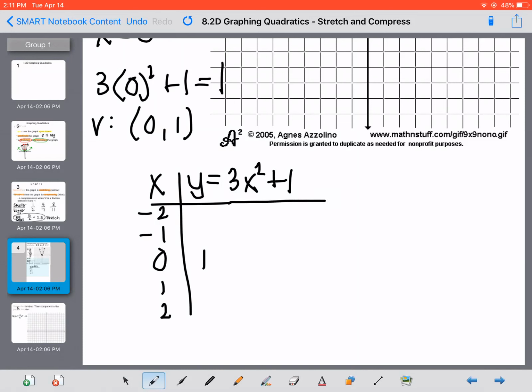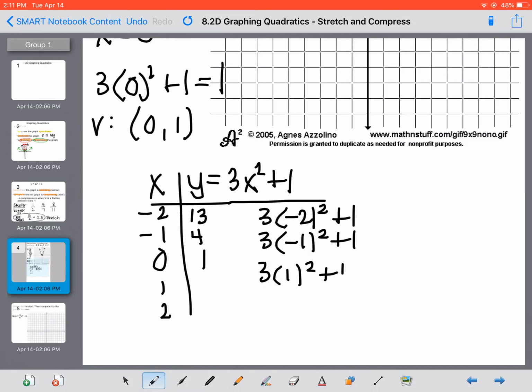So I'm doing 3 times negative 2 squared plus 1, and when we calculate that, we get 13. Then 3 times negative 1 squared plus 1 gives me 4, 3 times 1 squared plus 1 gives me 4, and 3 times 2 squared plus 1 gives me 13.